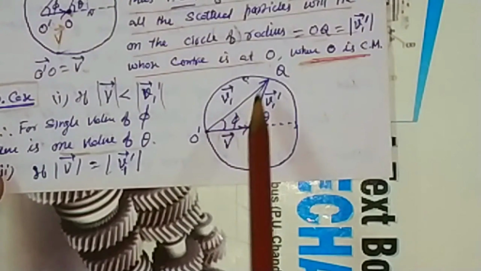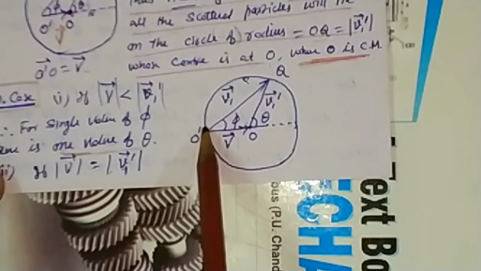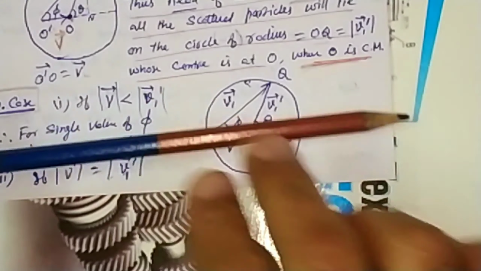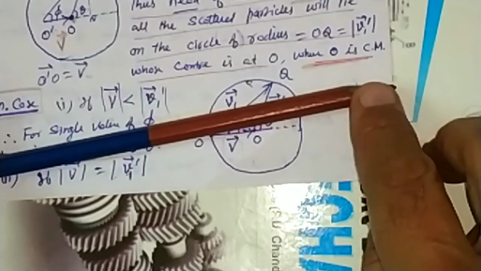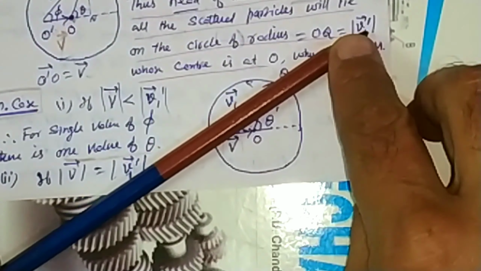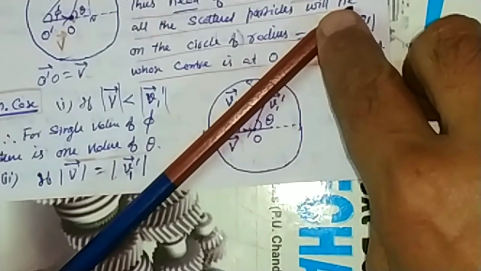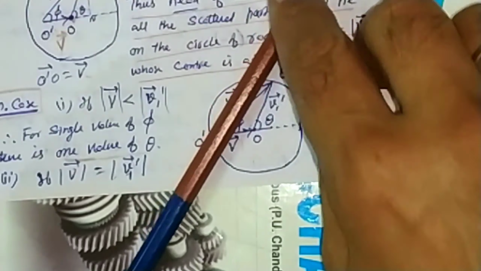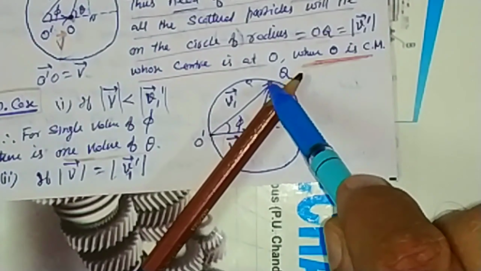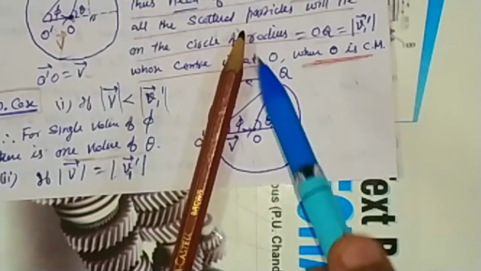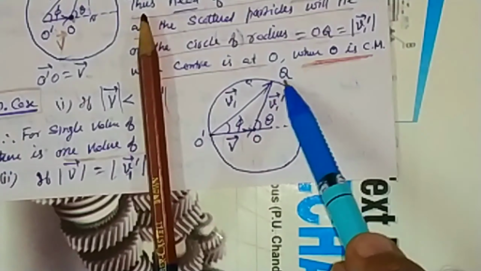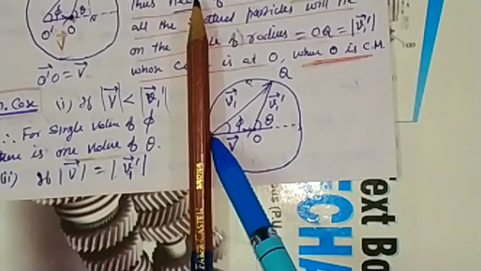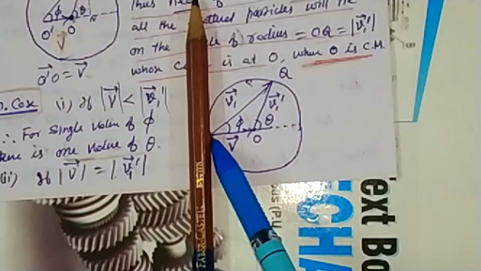How? Suppose this Q is here, in this case angle phi is 0, and if phi is going to increase, the particle moves from this point to this point, and when Q coincides with O dash, the angle becomes 90.